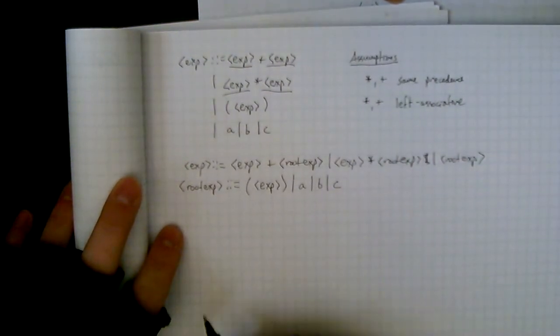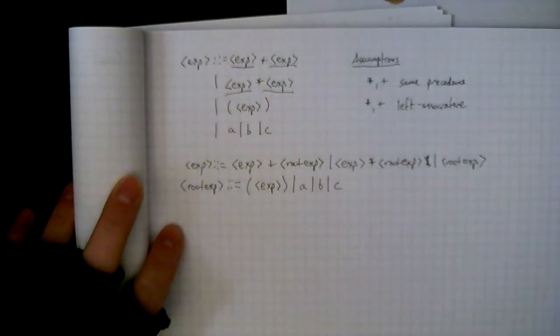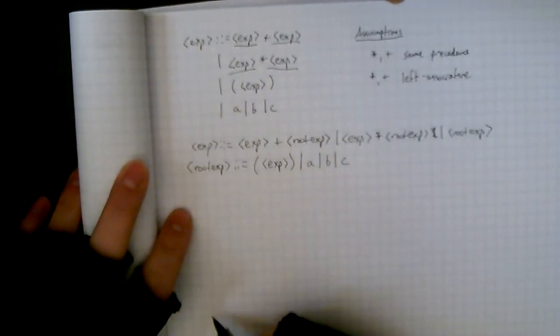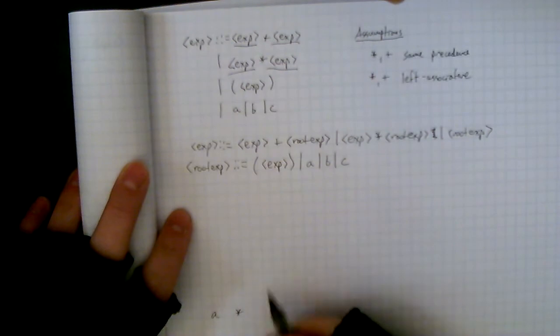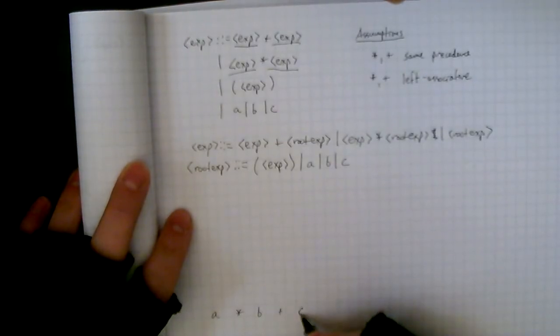Let's validate by constructing parse trees that actually represent this whole thing. And so the string that we showed that would make this ambiguous would be, for example, a times b plus c.